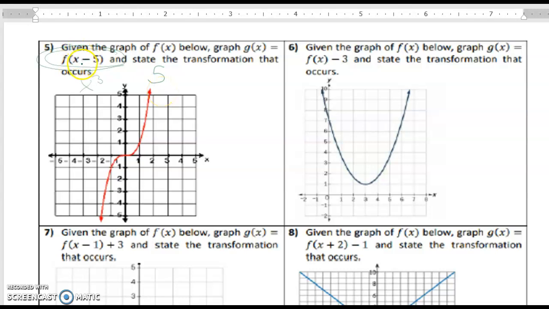And it being in our form x minus x naught, that means it's 5 to the right. So they haven't quite asked it, but if they were going to ask us to write this as a function, we'd write it as nothing is happening to the y value, but inside the parentheses, it's going to be x minus 5 cubed.